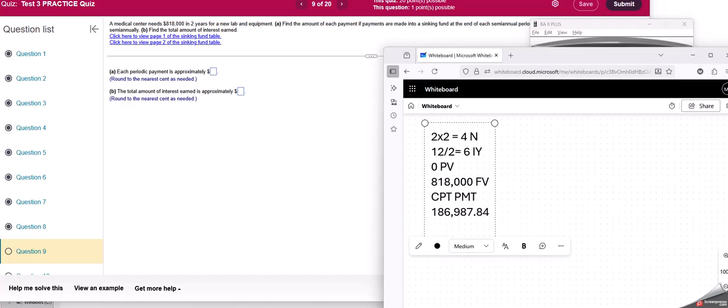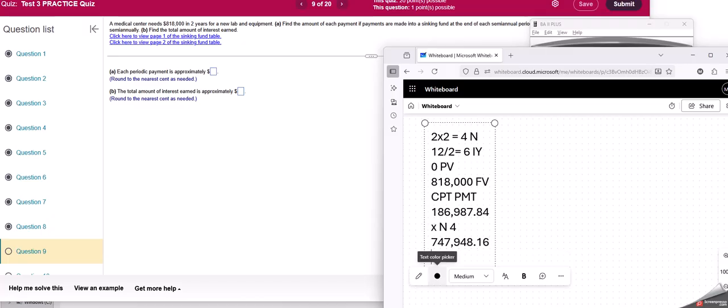And then we're going to take the payment and multiply that by the N. So the 186,987.84 times 4 gives us 747,948.16.